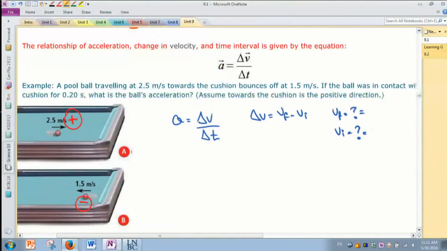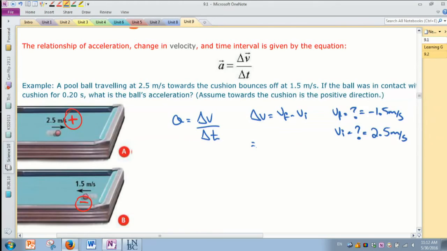I will try to stick with negative acceleration, but deceleration works as well. So my final velocity is negative 1.5 meters per second, and my initial velocity was 2.5 meters per second. Hopefully that makes sense. I need to differentiate between the direction these things are traveling.